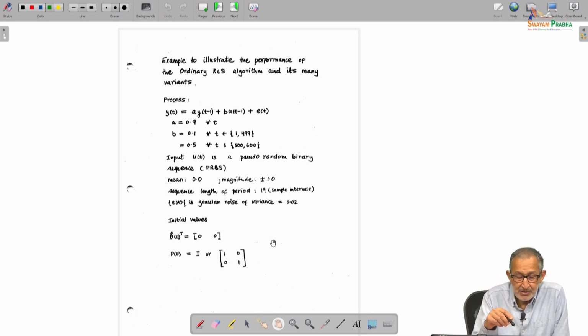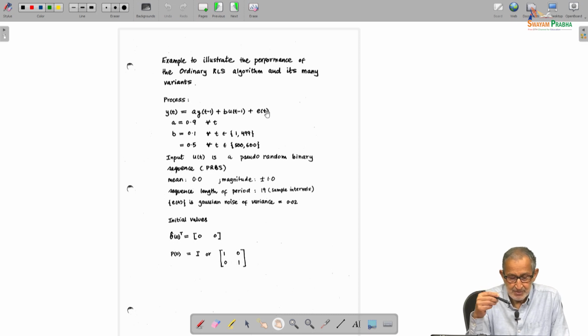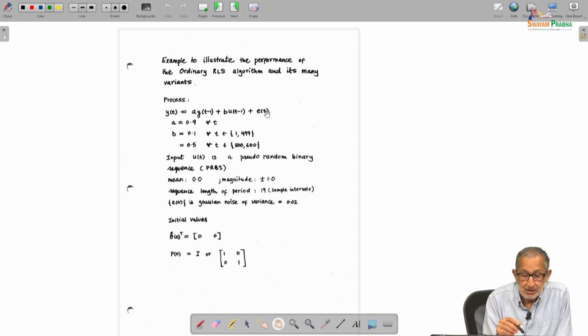So the example to illustrate the performance of first ordinary least squares or batch least squares and its many different variants. Okay. So here is y of t equals a y(t minus 1) plus b u(t minus 1) plus e of t. So there is no delay term in this example. The true value of a is 0.9.